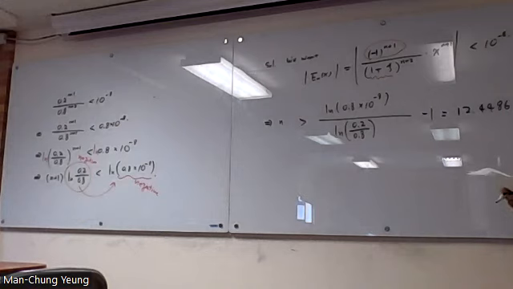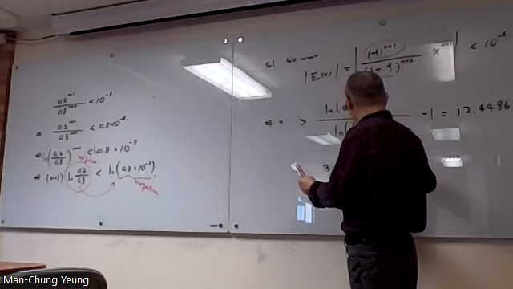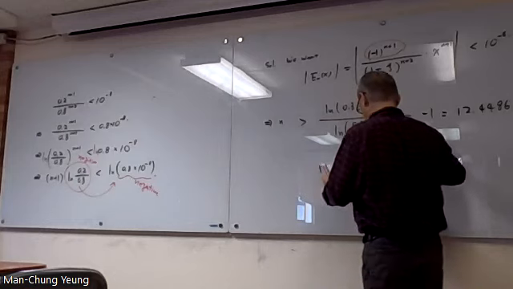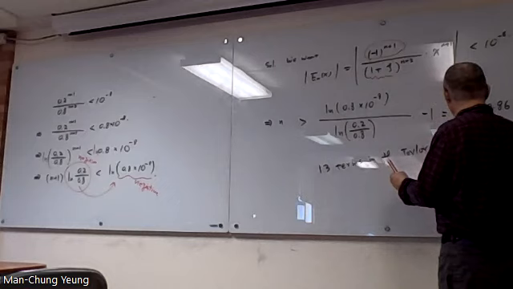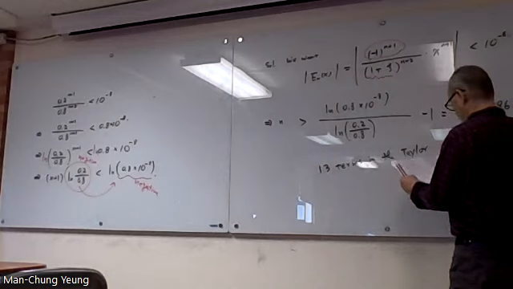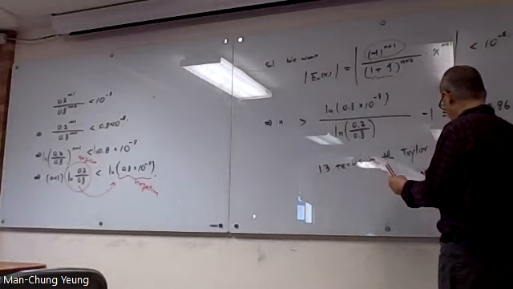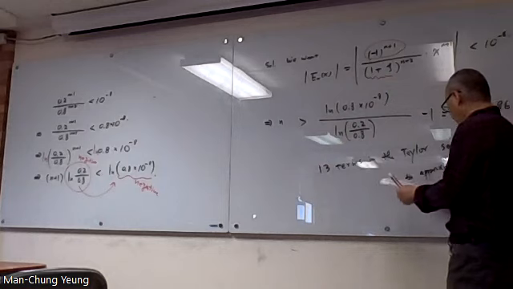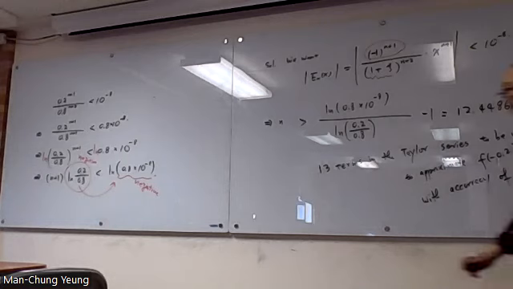So the conclusion is 30 terms in the Taylor series to be used to approximate this function value with accuracy of 10 to the negative 8. This is the conclusion.